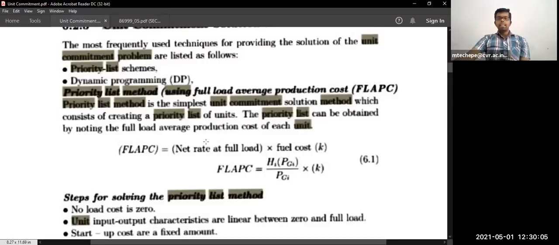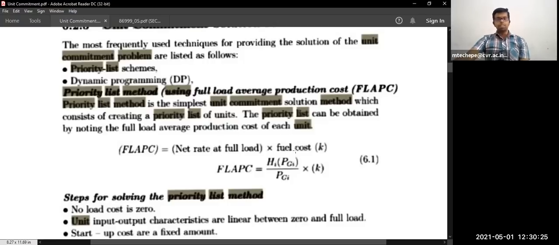Okay, so net heat rate at full load into the fuel cost. The fuel cost you can take in the rupee symbol, as we have used for solving the problems. Fuel cost you can also take in dollars, in foreign currencies.